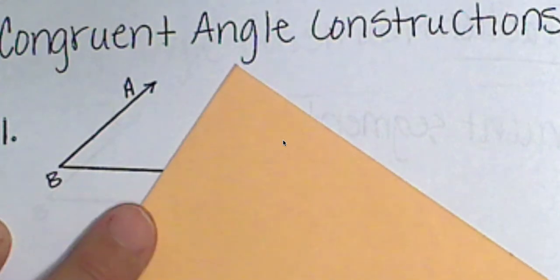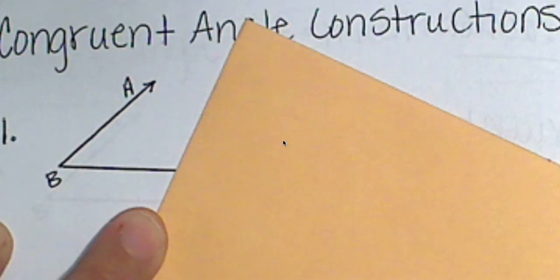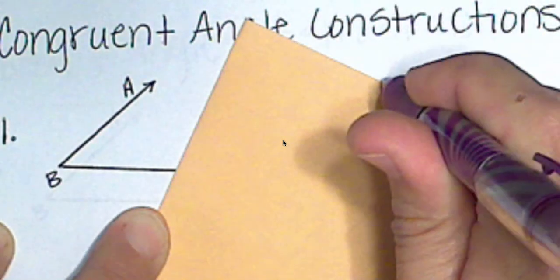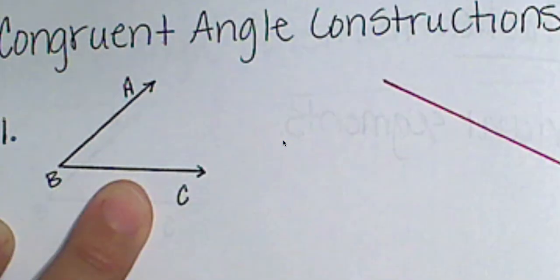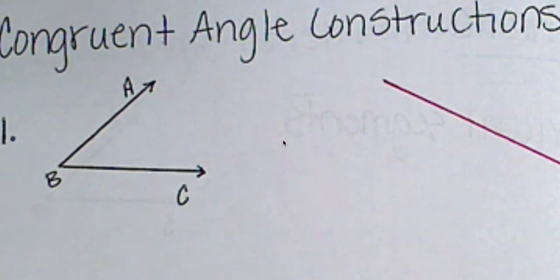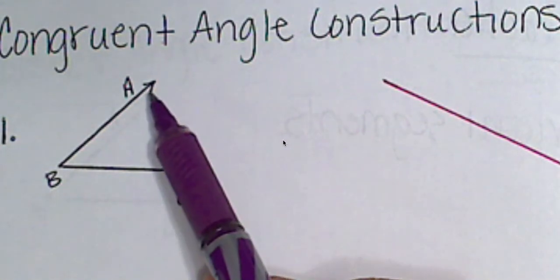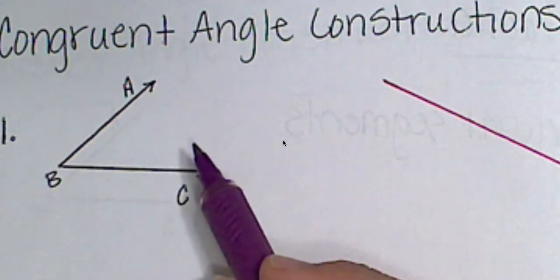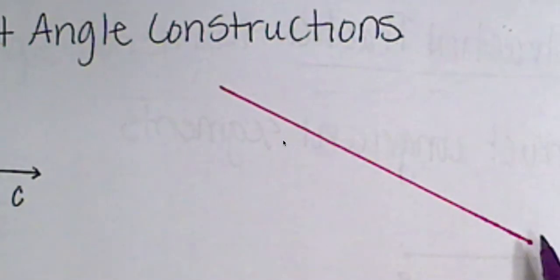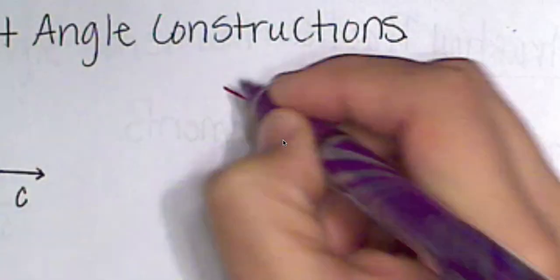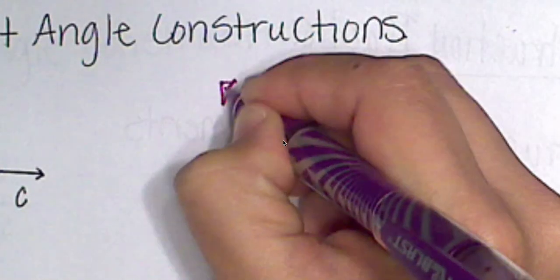I'm going to use this envelope because I have it near me, and I'm going to create a ray that is longer than either of the rays provided in our angle ABC. Because it is a ray, it doesn't matter what direction you make it. We are going to put an endpoint here, and I'm going to label this end X, and you will also need your arrow to signal that it is a ray.